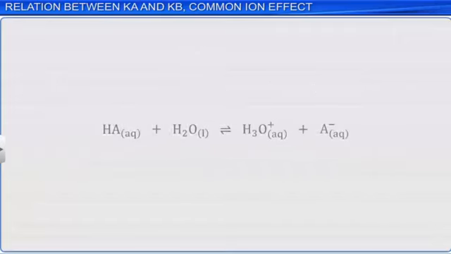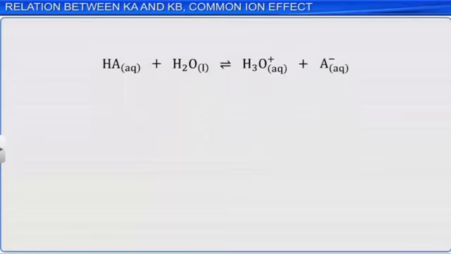Consider the dissociation of weak acid HA in water. The acid dissociation constant Ka for this equilibrium can be written as Ka is equal to the product of concentration of H3O plus and A minus ions divided by concentration of HA.